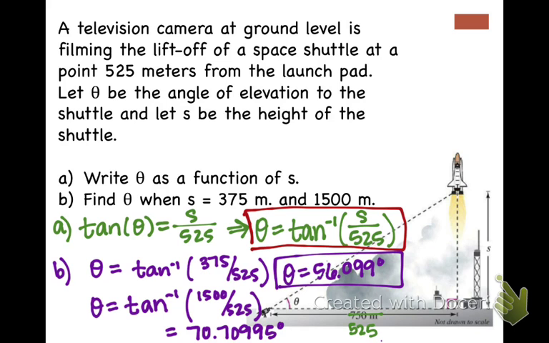I think I typed in the wrong ratio. If I do tangent inverse 375 over 525, the first one should actually be 35.538. I'm so sorry. You're probably sitting there going, I didn't get that. You were right, I was wrong. And the second one, I believe, is correct. Just a calculator typing error.